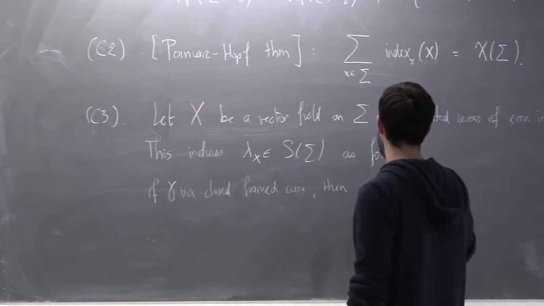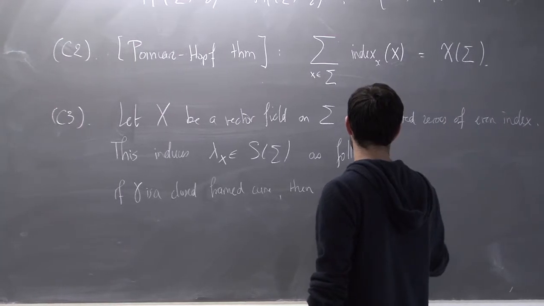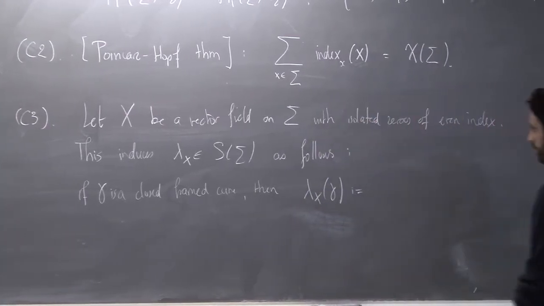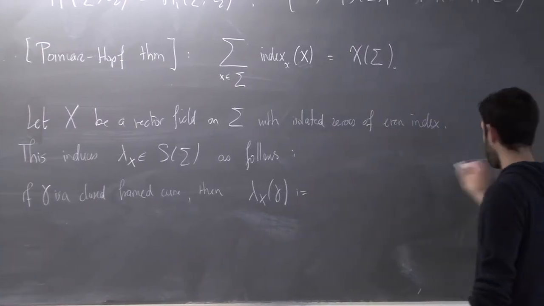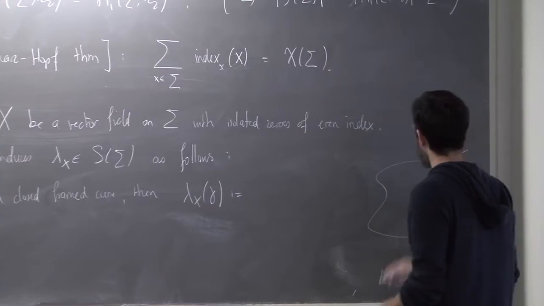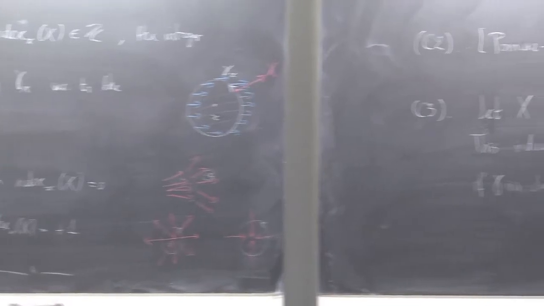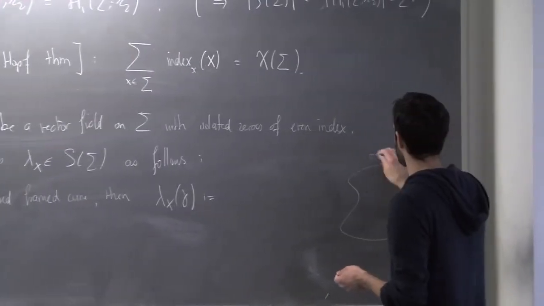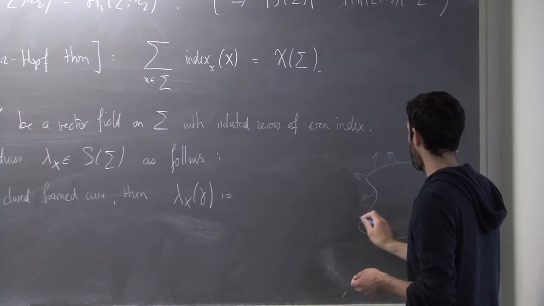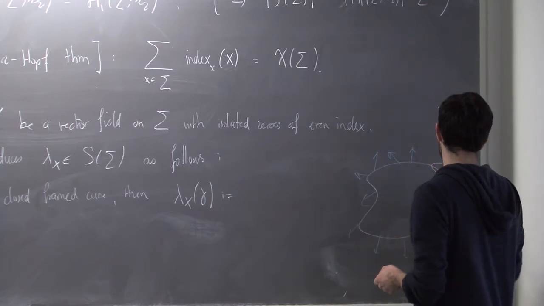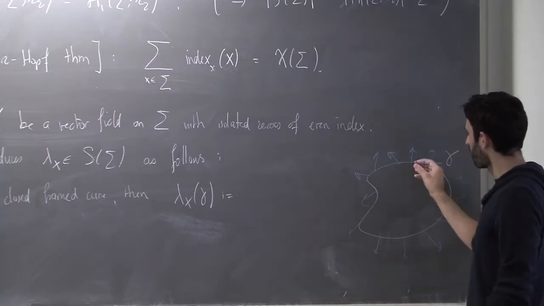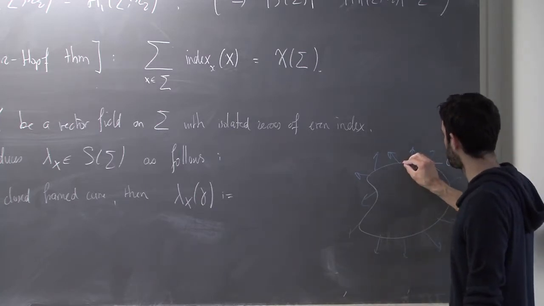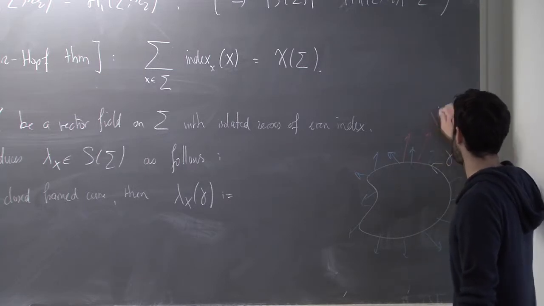Then you define lambda x of gamma as, well, you do the obvious thing. Now what do you have? You have a curve gamma which is framed, so it has some framing. I don't know how it looks. And on top of that, you have some fixed vector field x.